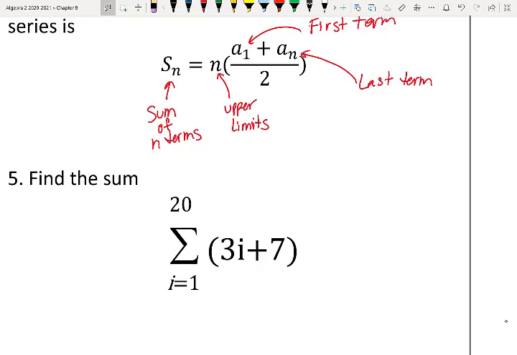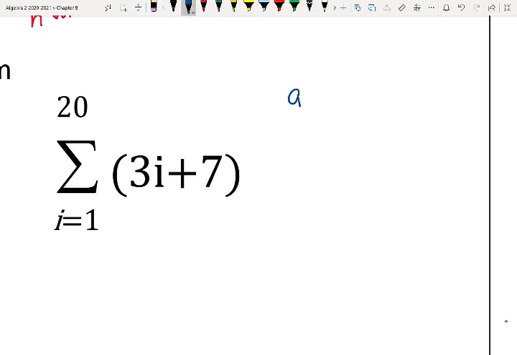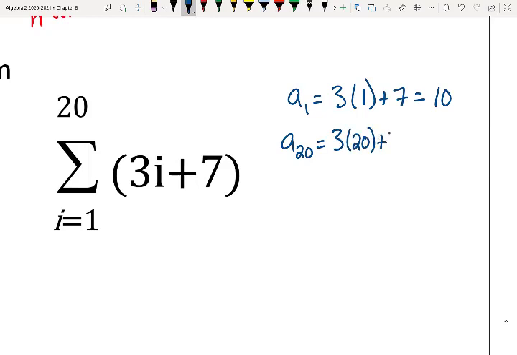To find our first term, which I'm going to switch colors here, we need to find a sub 1. We're going to plug in 1 for my i, so we get 10. Then we have to find the 20th term, that's the last term, 3 times 20 plus 7. So 3 times 20 is 60, plus 7 is 67. So there's our last term.